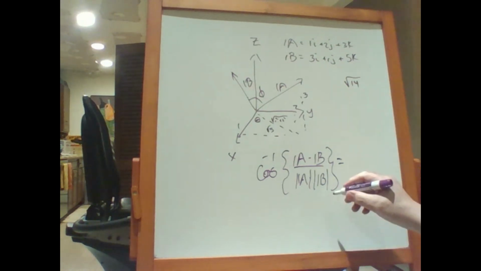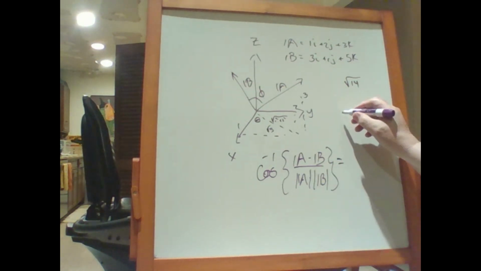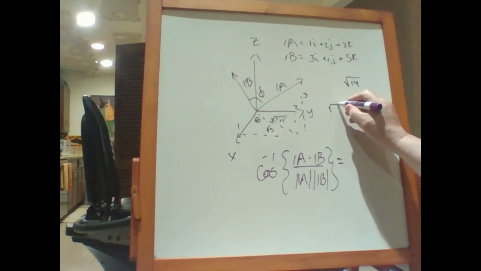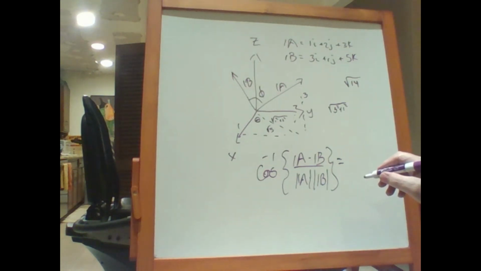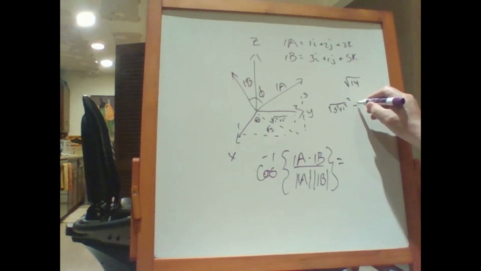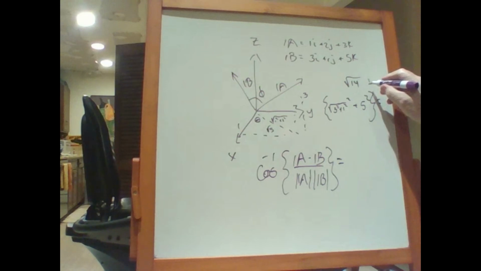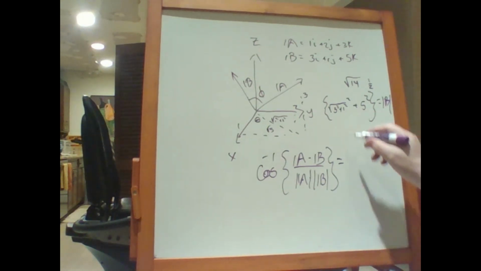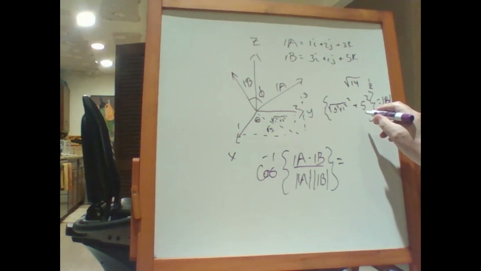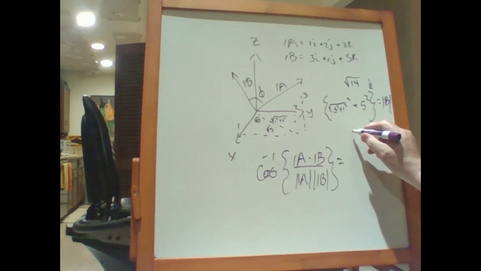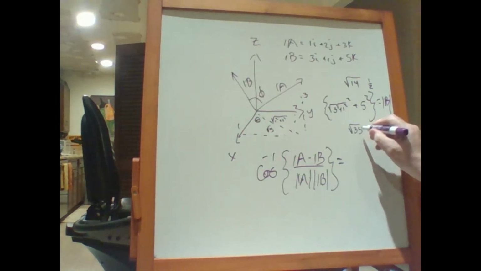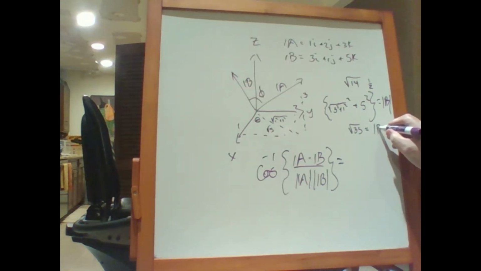Magnitude of B we didn't calculate, but that's the square root of 3 squared plus 1 squared plus 5 squared equals magnitude of B. So that is 9 plus 1 plus 25. That's the square root of 35 is equal to the magnitude of B.